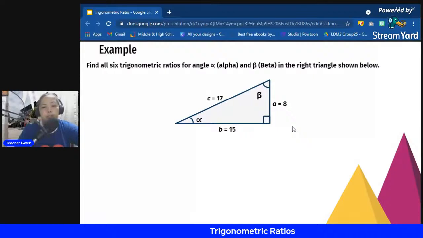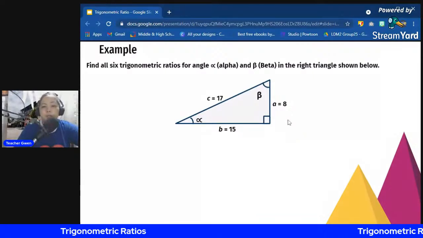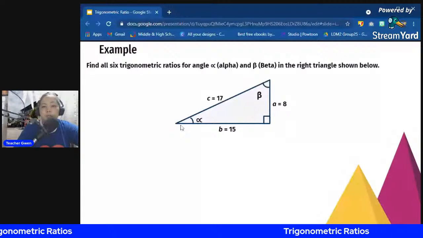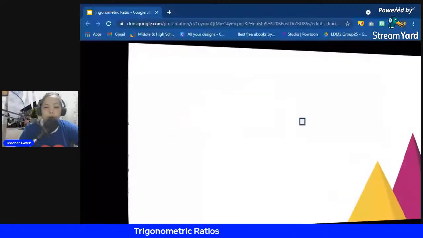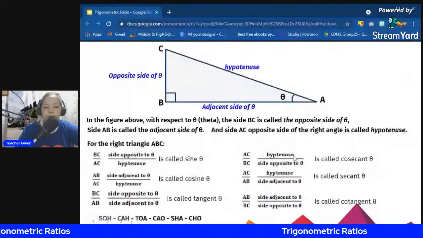So, find the six trigonometric ratios. Let's go back and use the formulas in finding the six trigonometric ratios.